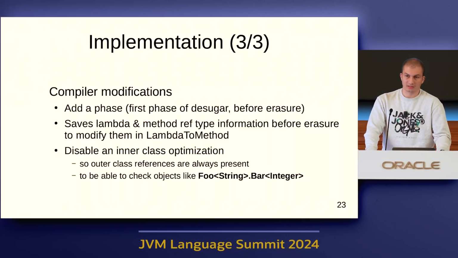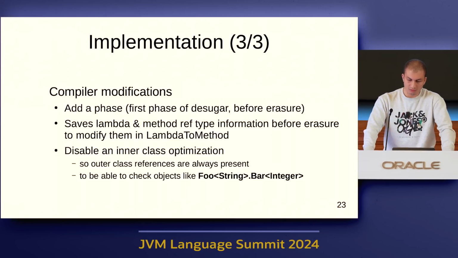But in our case, because we want to be able to check things like Foo<String>.Bar<Integer>, we always need the outer this field to be present, because when we want to check an instance of Bar, we also need to ensure that the outer type, in our case Foo, is of type String, because this parameter is also taken into account when it comes to the type of Bar.